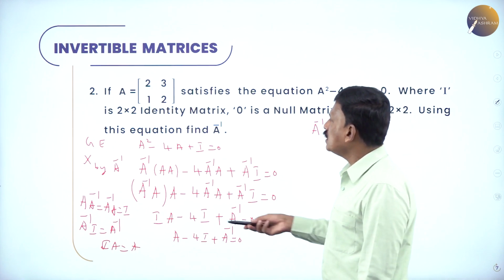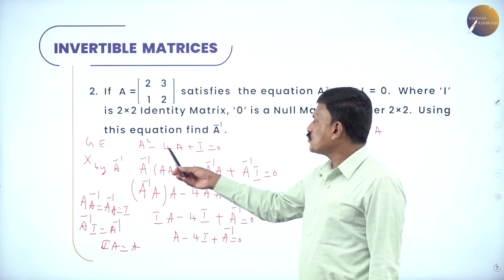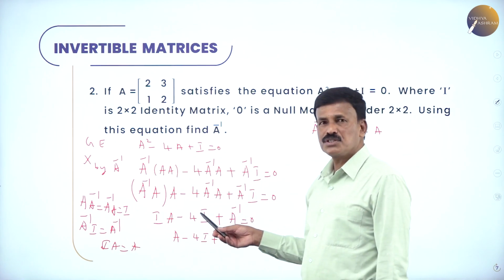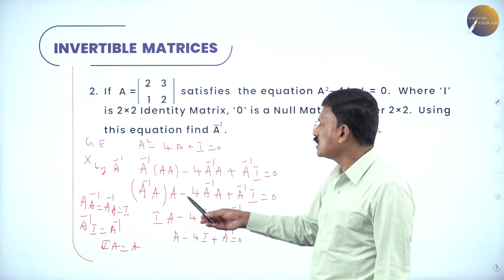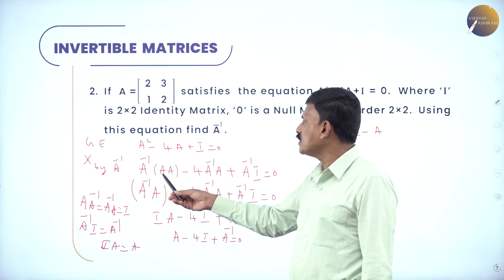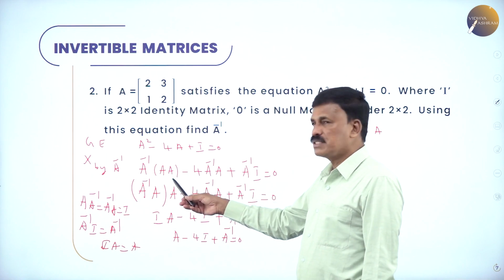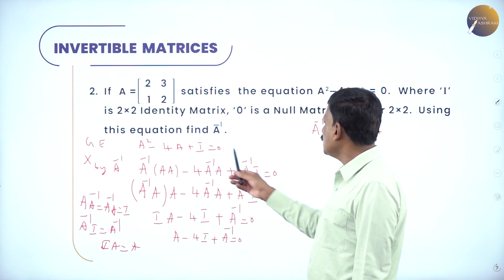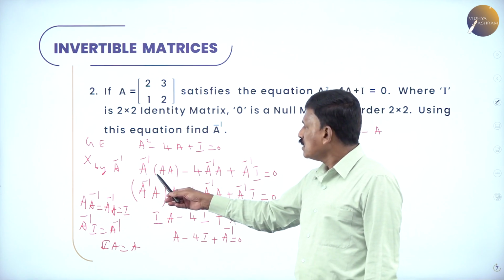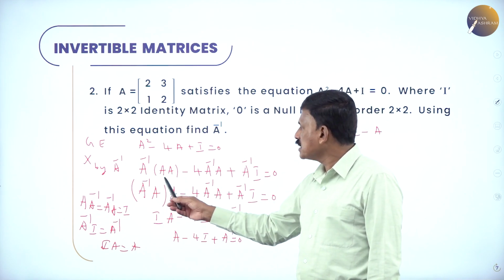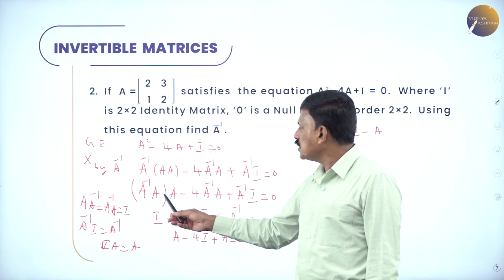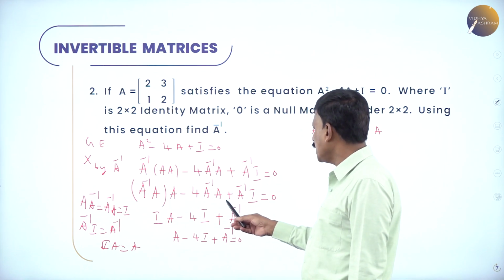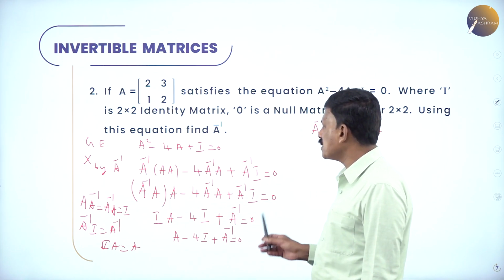Check here. Given equation is A square minus 4A plus I is equal to 0, pre-multiplying by A inverse. A square can be written as A into A, minus 4 into A inverse A, plus A inverse into I. Using the associative property, interchange the brackets; A inverse into I remains the same.